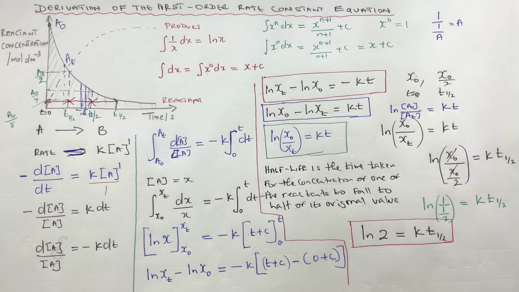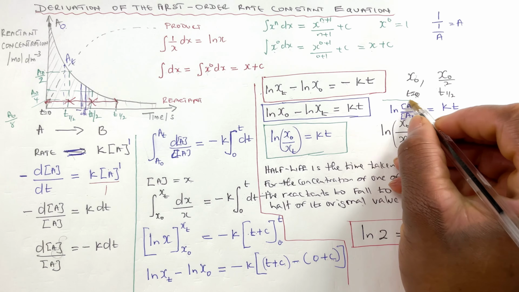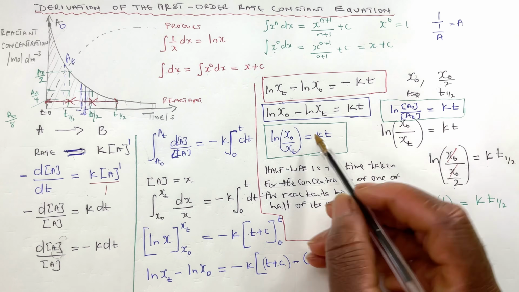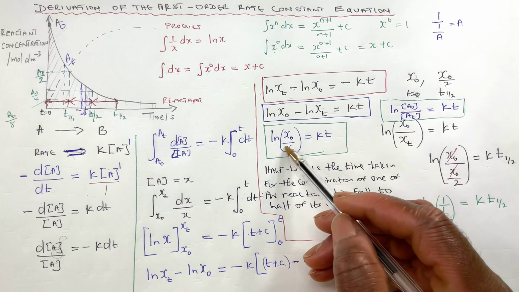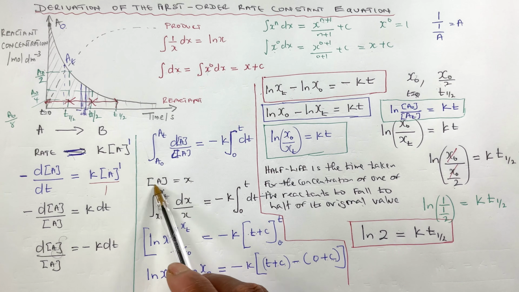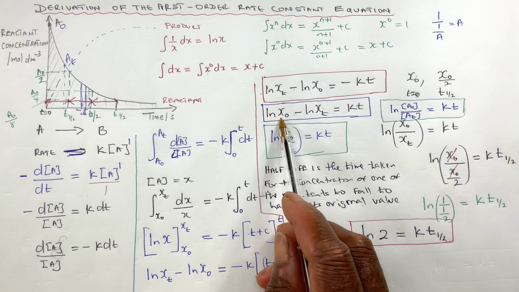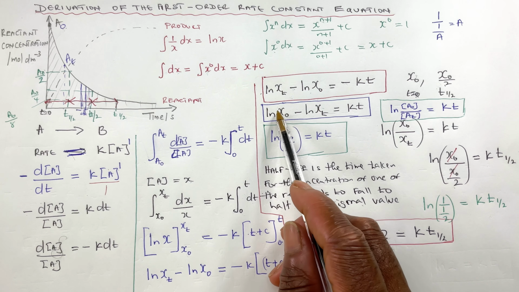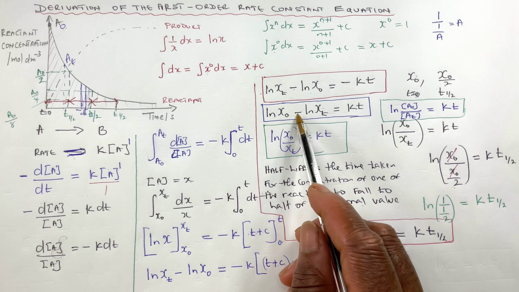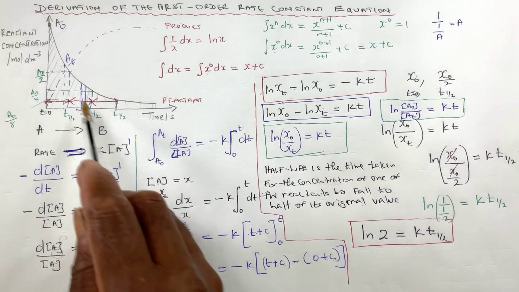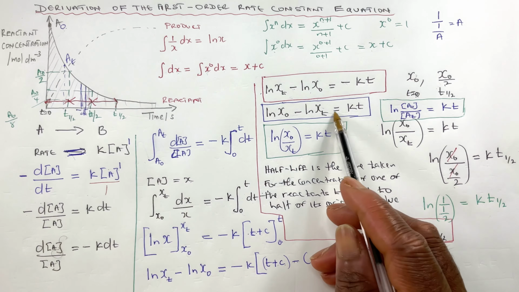So that's another way of writing that. Or you could use any one of these, whichever way you like it. Don't forget that the concentration of A equals x. So that'll be ln concentration of A naught minus ln concentration of A at t equals kt.